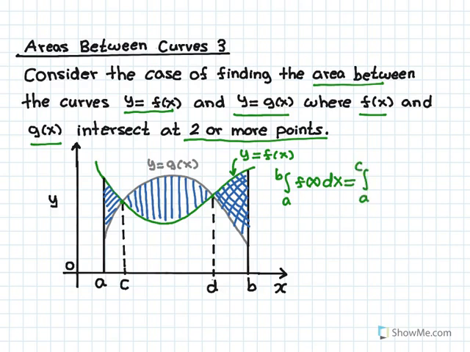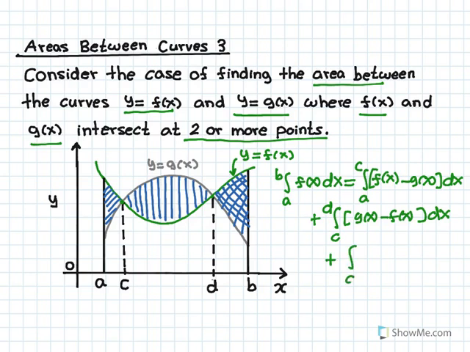Now the top function is f of x, the green function, minus the bottom function, which is g of x, and integrate with respect to x, plus, now integrate from c to d, but notice now the top function is the gray function g of x, minus the bottom function, which is f of x, plus, now integrate from d to b, but now the top function is f of x and the bottom function is g of x. F of x minus g of x dx.